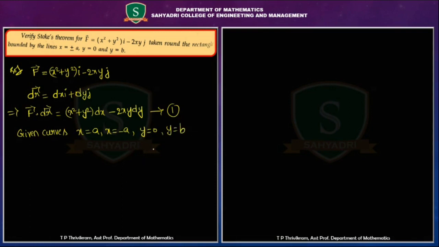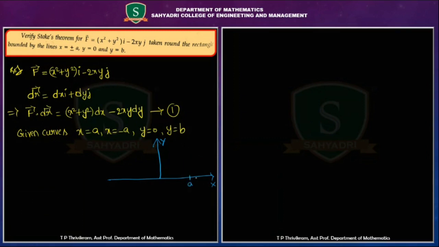Okay, so how to plot the graph? This is the y axis and this is the x axis. Where will x equal to a come?